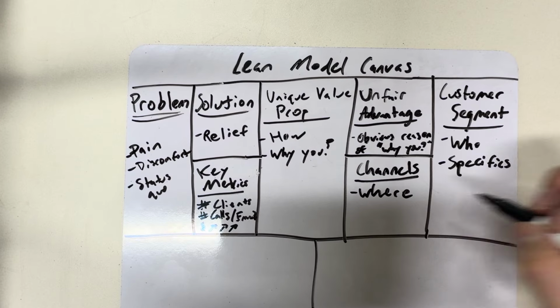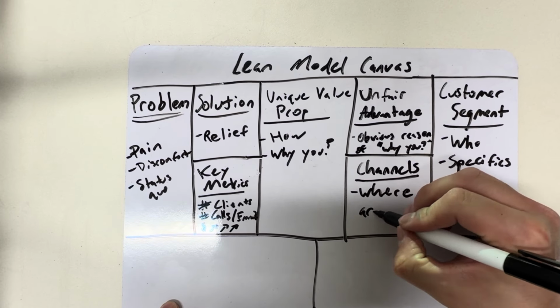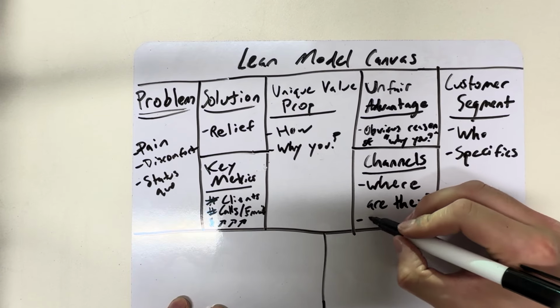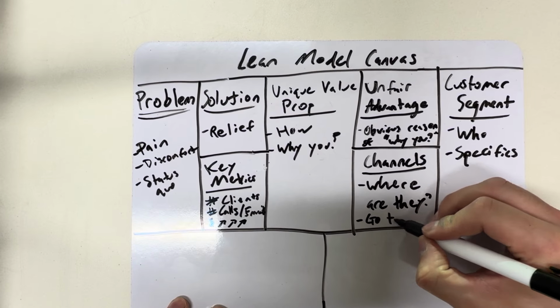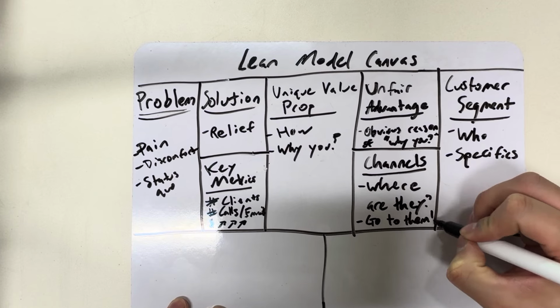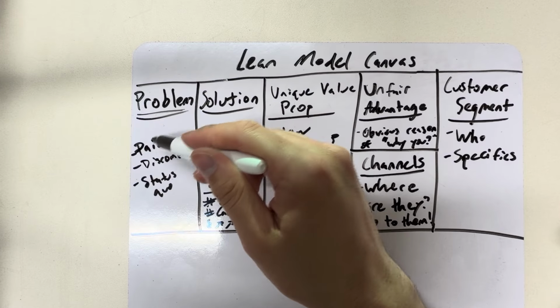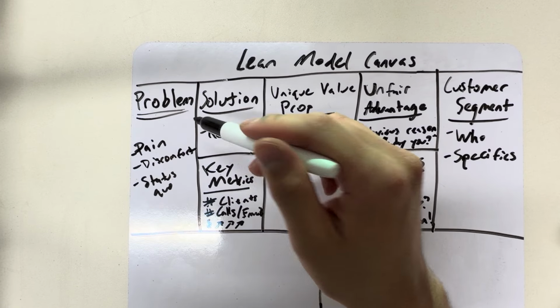And the channels is where are they? And then the next point is just go to them, find the people. So for example, are your clients complaining about the problem that they have on Reddit forums or in Facebook groups?